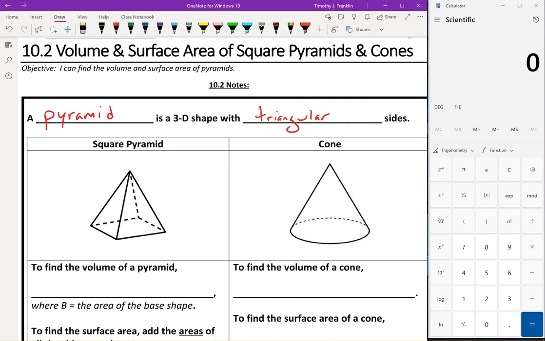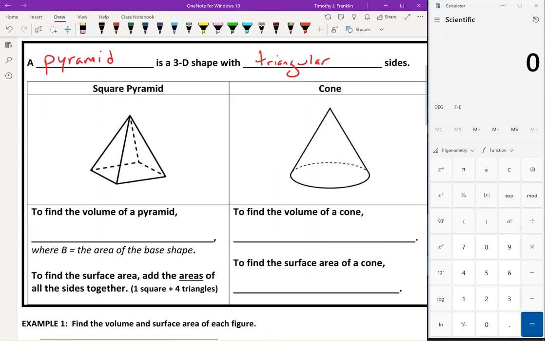And because it is a square pyramid, all 4 of these triangles are the same. Now, a cone is a little different. It has a circular base and a single curved surface that goes up to a point, but it's easy enough to include when talking about square pyramids, so we will include that in these notes as well.